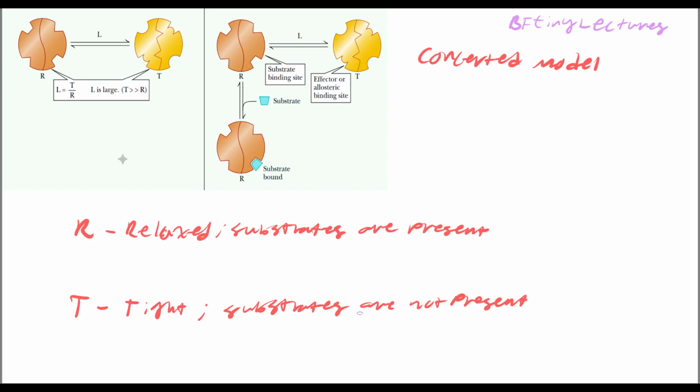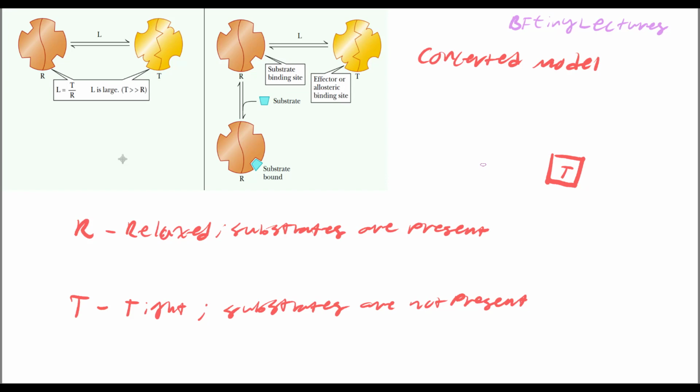So let's say that over here we have a square, okay? And notice that this square has no openings for the enzyme, okay? So this is going to be the tight state. The tight state is not going to have any active sites for the substrates to bind with, right? And even if, let's say that somehow a substrate sneaks up on an enzyme, it's not possible, but let's pretend that it is.